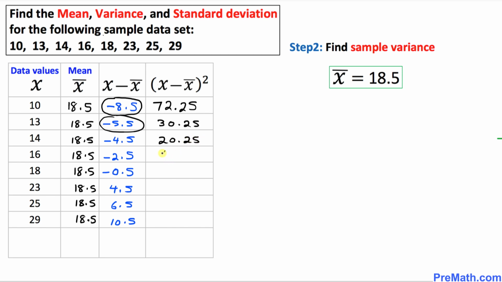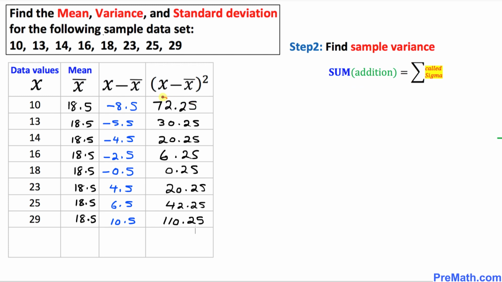This is going to be 6.25. This is going to be 0.25. This is going to be 20.25. This is going to be 42.25, and finally this is going to be 110.25.